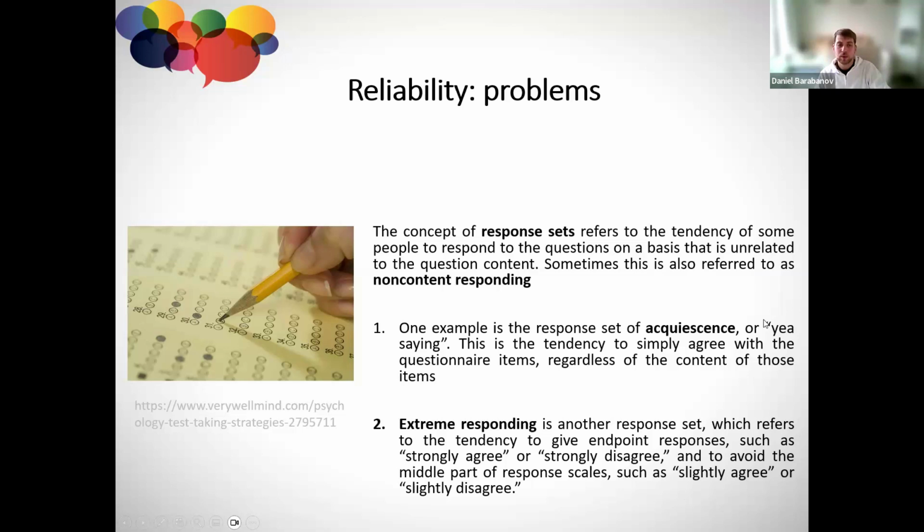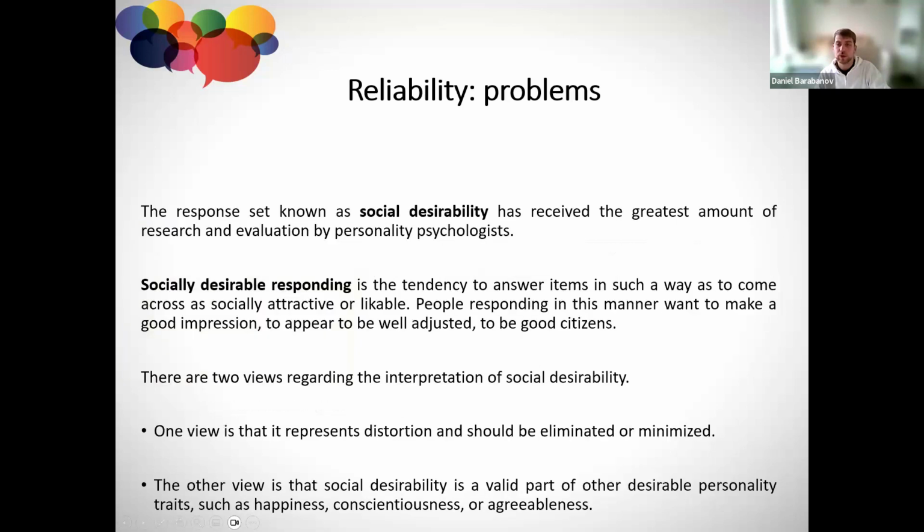Another problem is social desirability. So the basic idea is that people want to be likable and socially attractive. It's who we are, and it's applicable to all of us. We want to look smart, kind, modest, friendly, and so on. And when people are presented with some questions, they don't answer those questions in an honest way.